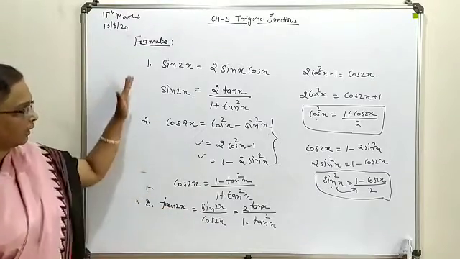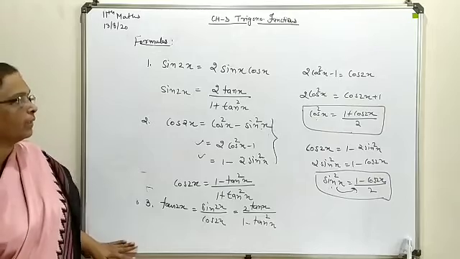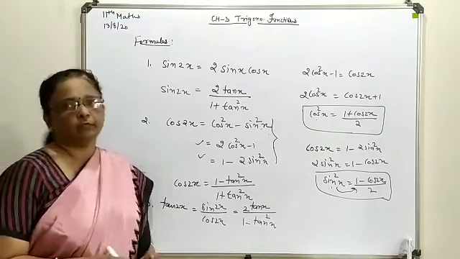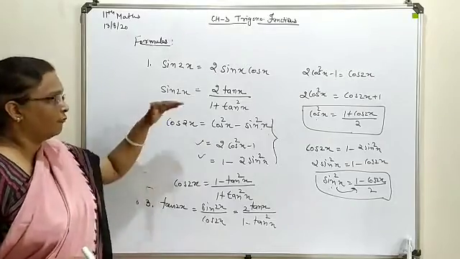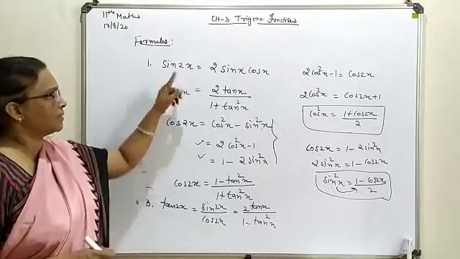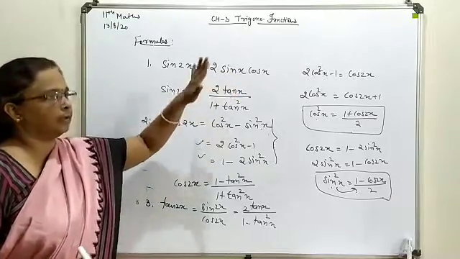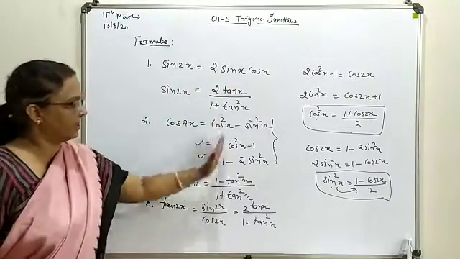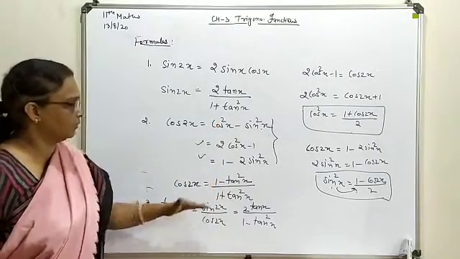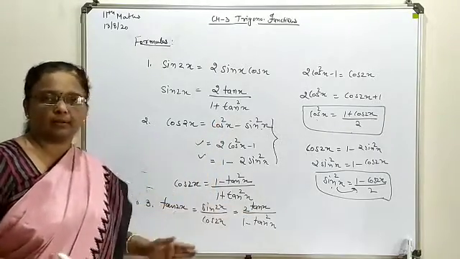So if you look at all these formula forms, you will find that whenever you write any of them, everywhere your angle is going to be half. Means sin 2x, sin x, cos x: the angle is half. Cos 2x, in each form your angle is half. Here also in terms of tangent, tan x means your angle is half.